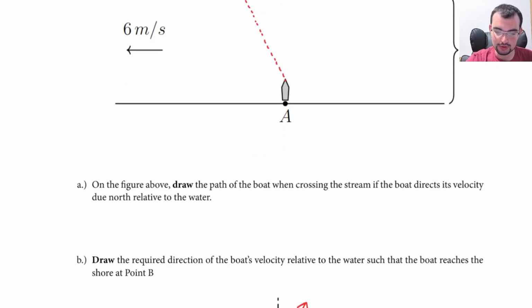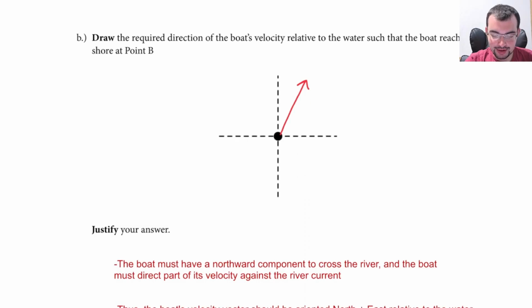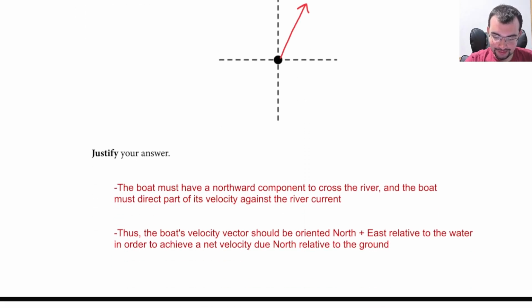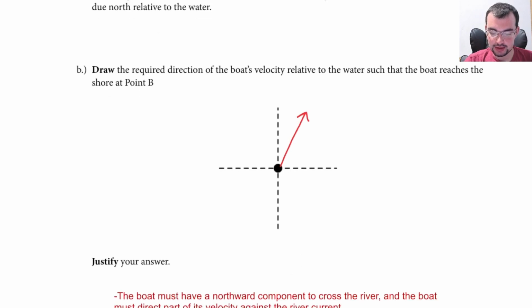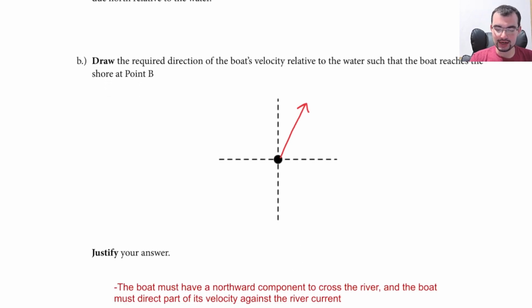If the boat wants to go north, you must be going north. But also, it has to have an east component to cancel the west flow of the river. So that's why you actually need an angled vector there. Anytime you just have quadrants, you just got to get the right one of the four. We can also split into octants sometimes, and we could grade you on that, but usually you just got to get up and right.